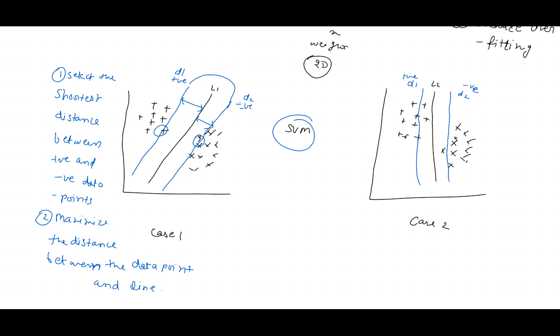So your SVM will never choose this hyperplane. It will choose the hyperplane where there is a large distance between the data points and this line. Okay. So that's why this is the goal of SVM.